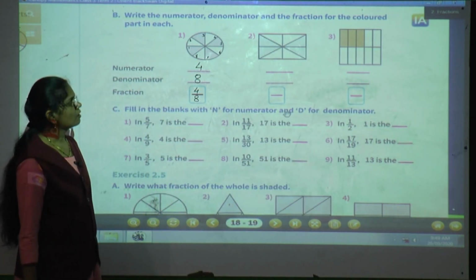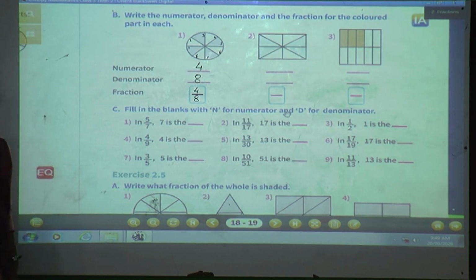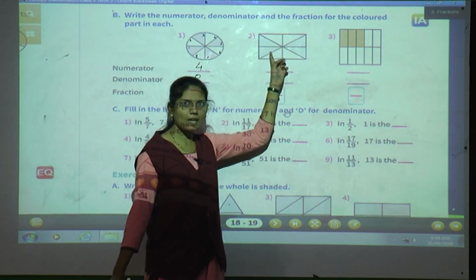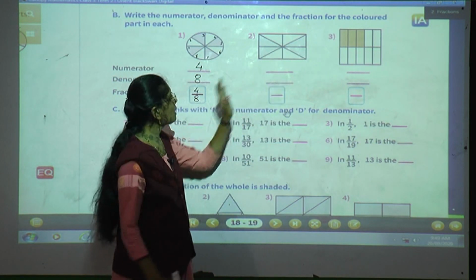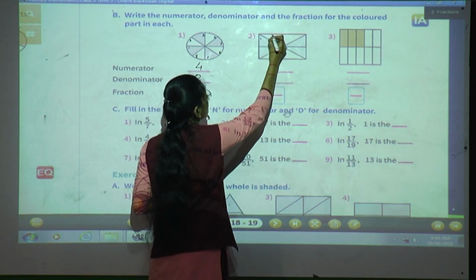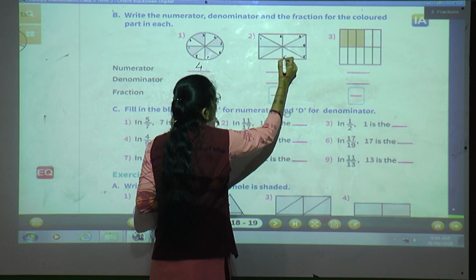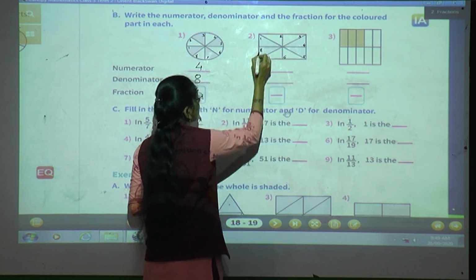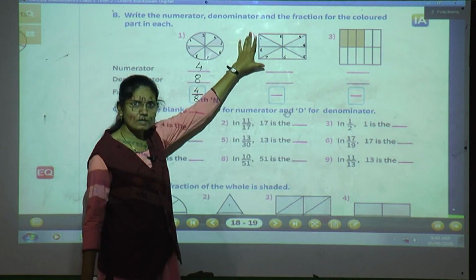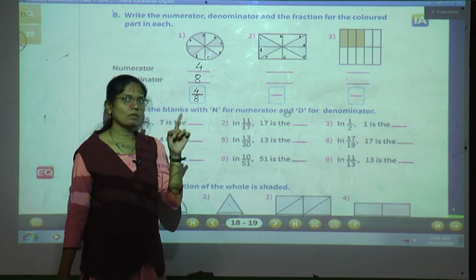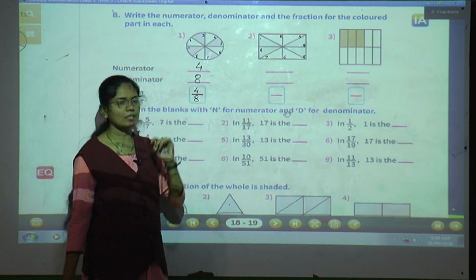In the next figure, you have to count first the total parts. That whole is divided into how many parts? Count all the parts. 1, 2, 3, 4, 5, 6, 7, 8. Again, this whole is divided into 8 equal parts. So what is the denominator?